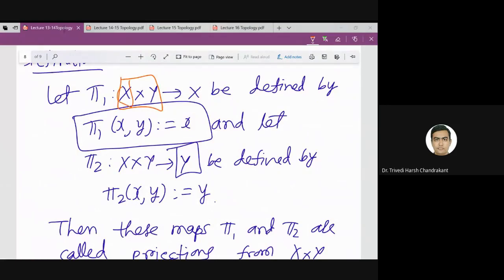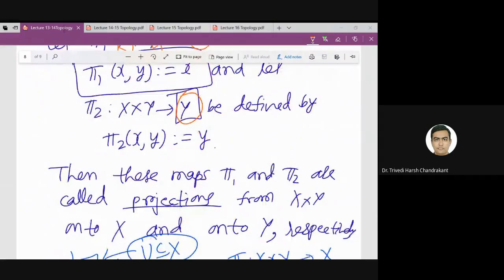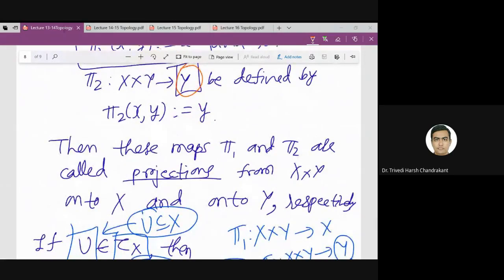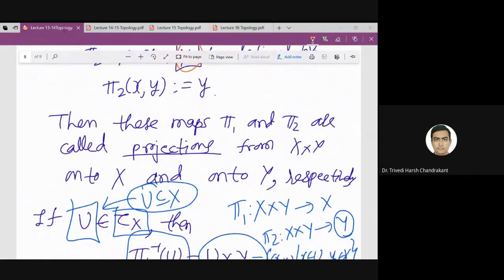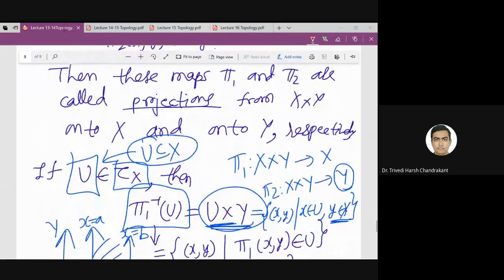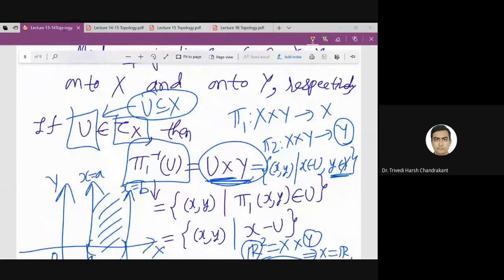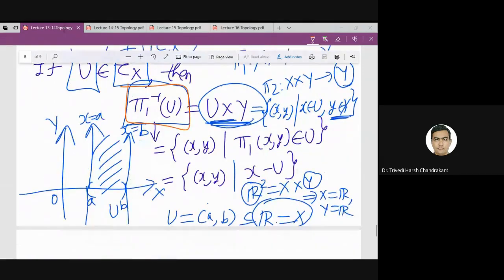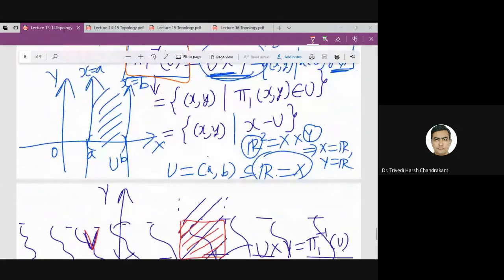One is the projection over X, another is the projection over Y. So pi 1 is the projection on X, pi 2 is the projection on the second coordinate Y. So it is like an orthogonal projection on the x-axis and y-axis, and these maps are known as projections. And then we have discussed the inverse images of these sets. So they are the open horizontal strip and vertical strip.